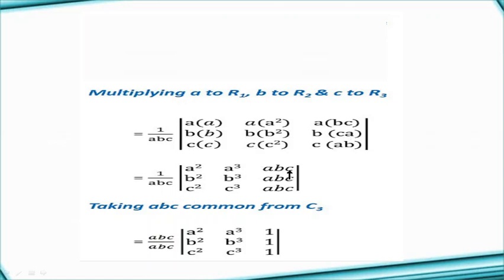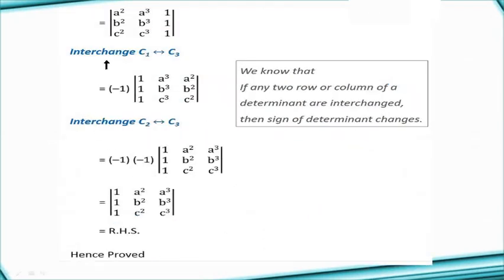And then after that we can see that we are getting ABC in the entire column 3. Taking ABC common from C3, we will be left with 1, 1, 1. This ABC and ABC will be cancelled. And then interchanging C1 with C3, because we need all these three columns but they are not in the right sequence.